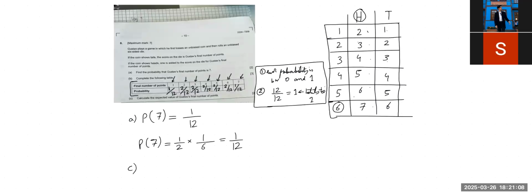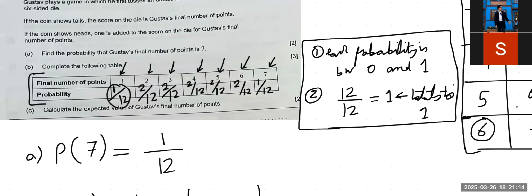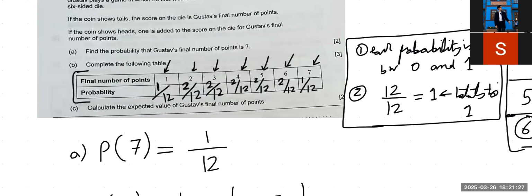What is the first point again? Each probability alone, so each of these numbers, is between 0 and 1, isn't it? You can check if you convert this to decimal, you will see that it's between 0 and 1. Of course they are, because if the top number is smaller than the bottom number, you're always going to be between 0 and 1. That's how fractions work.